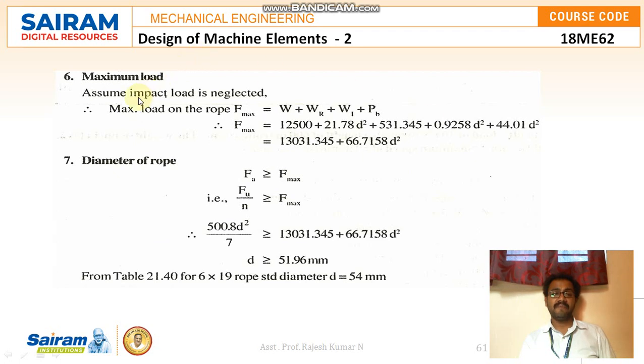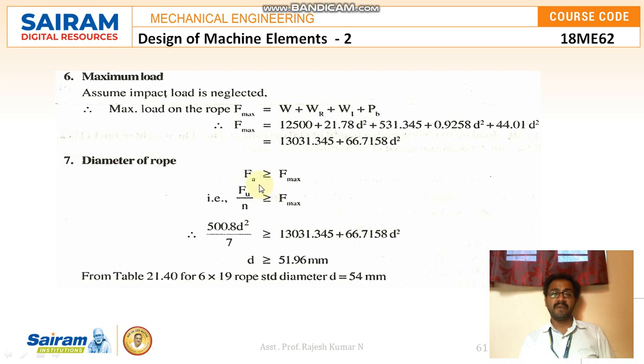The maximum load, assuming the impact load is neglected, the formula is F max equal to W plus WR plus WI plus Pb. All the values are known. After substituting in this, I'll be getting F max as 13031.345 plus 66.7158 d square. And finally, the diameter of the rope.